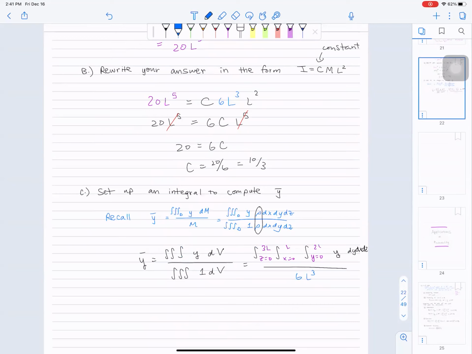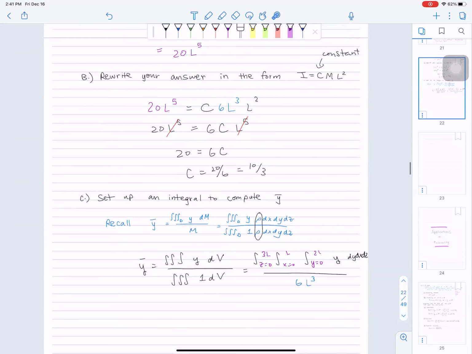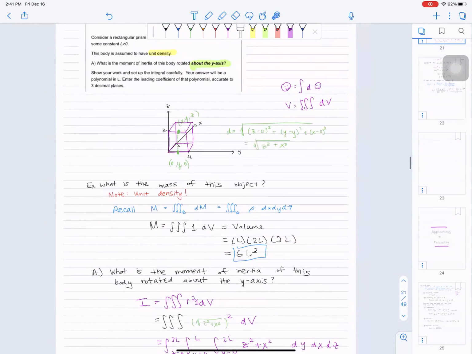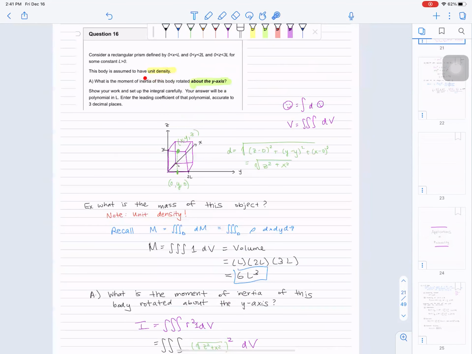I have a quick question. When we did the centroid earlier, it was just y dV over V. So why is it dm though? Yeah, so it turns out that because we have a unit density in this question, calculating the mass is the same as calculating the volume.